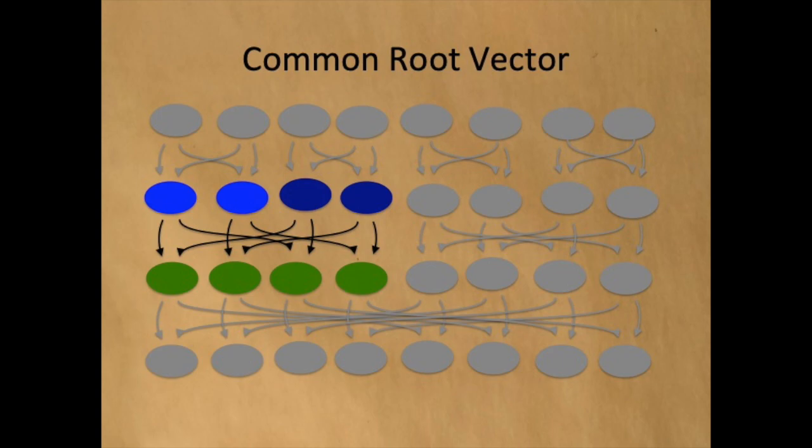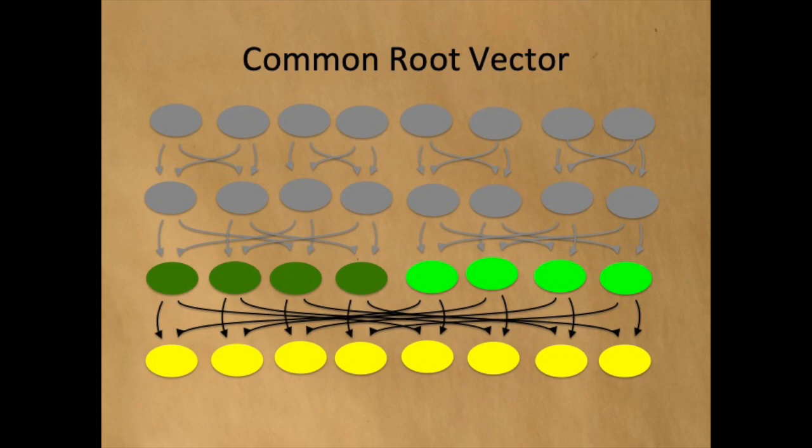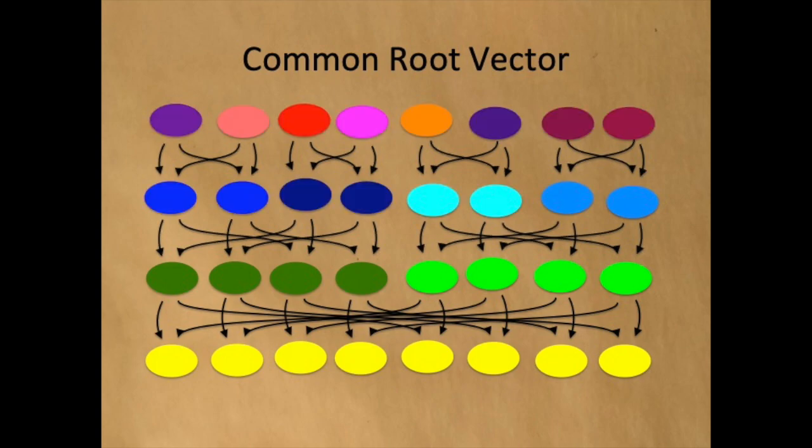At the next level down, there are only two population values because they have already been mixed, and so these four values can only produce one population value at the next level down, and these four nodes can only produce one population value at the next level down. And likewise, there are only two population values in the green row, and they must produce the same yellow population value at the bottom. So that's what this picture means.